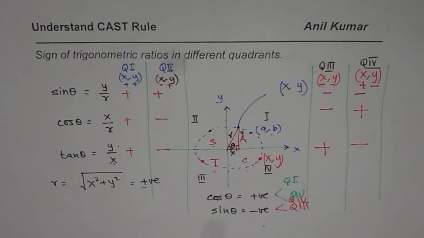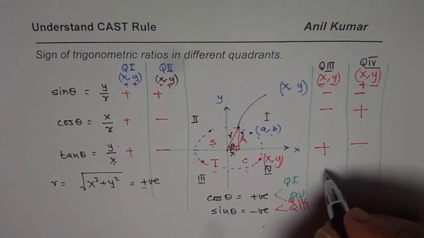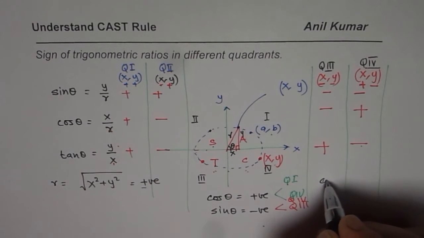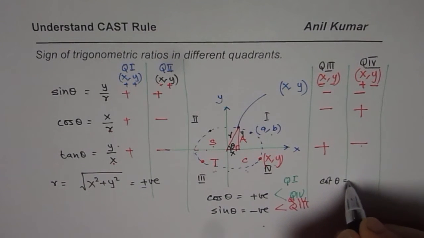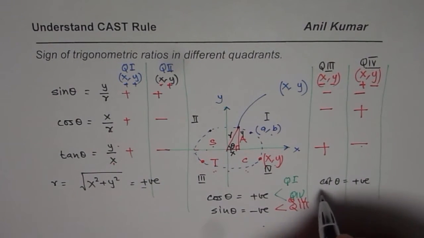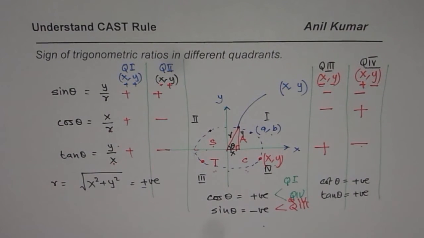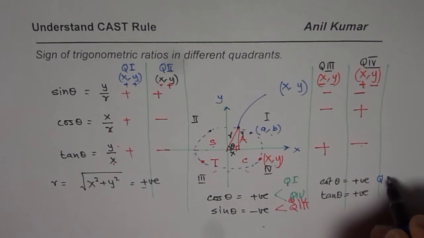That is how we have to see the ratios. An important thing here is that if I say cotangent theta is positive, it means tan theta is positive, and that means we are talking about quadrant 1 or quadrant 3.